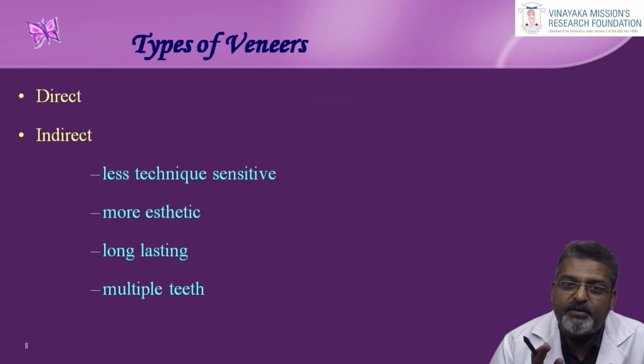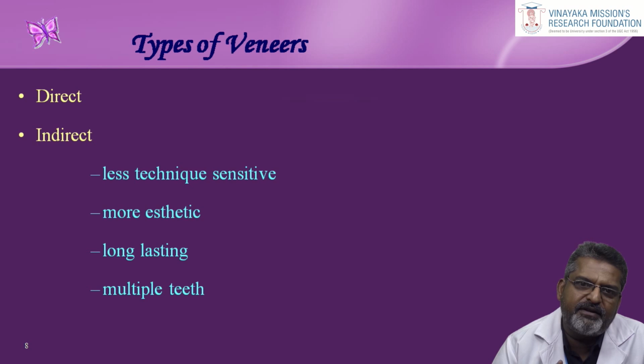I don't say that direct veneering is not aesthetic. It is aesthetic when your hands are good, but still indirect veneering has more advantage: less technique sensitivity, and a more aesthetic result can also be obtained.